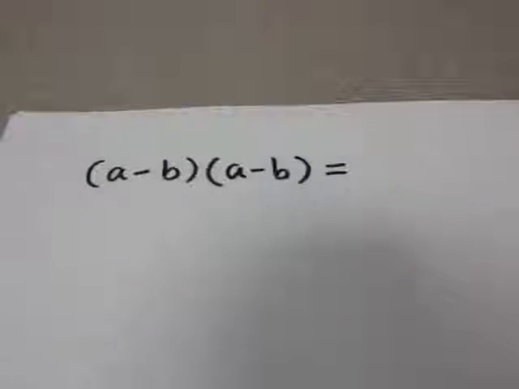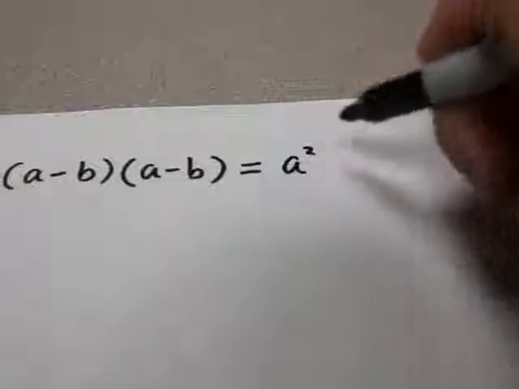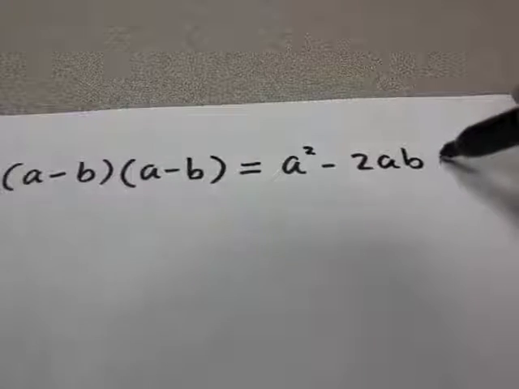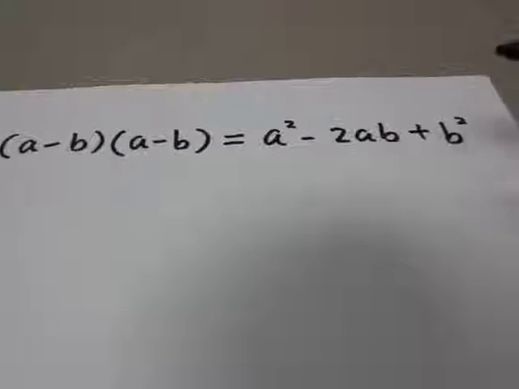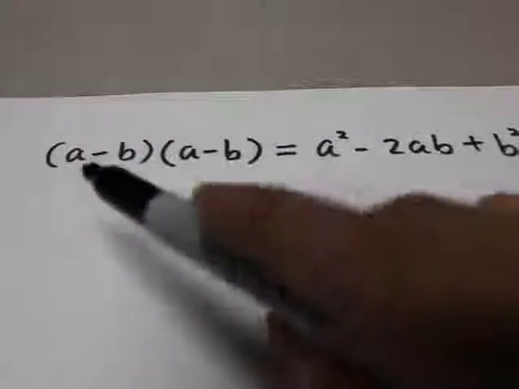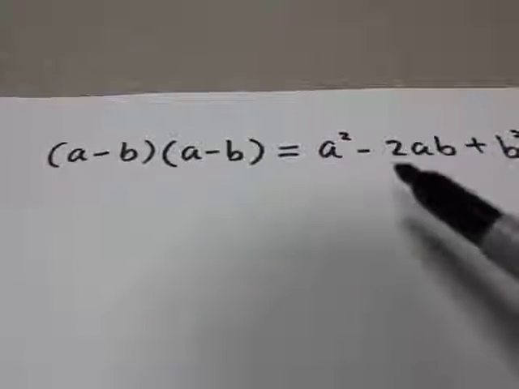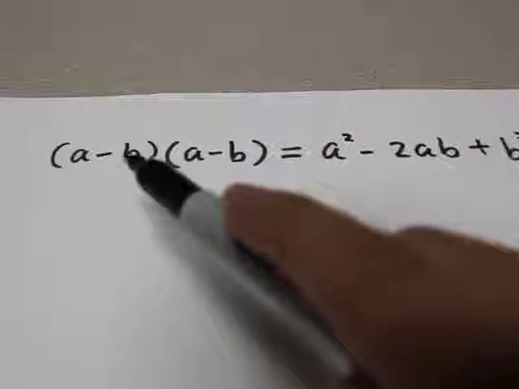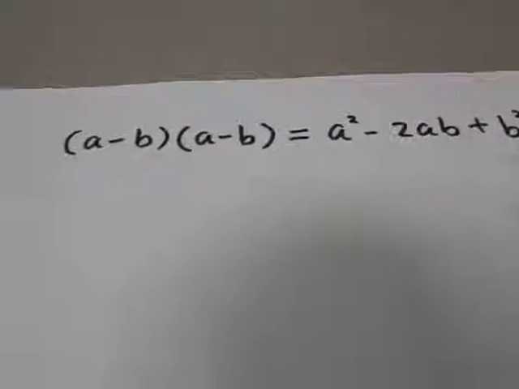The result is going to be a squared minus 2 times ab plus b squared. So the pattern is we square the first term, minus 2 times the product of the first term and the second term, and plus the square of the second term.